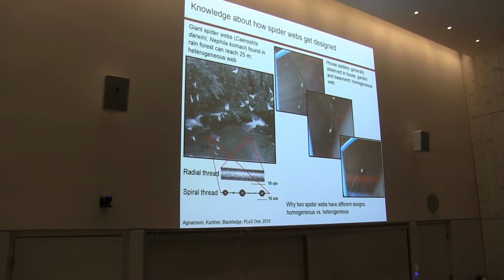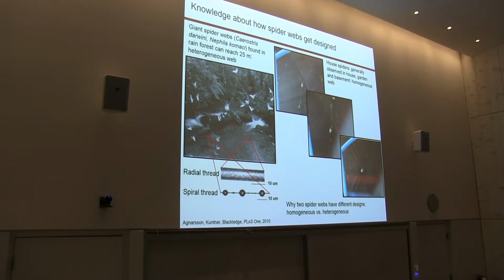Their webs are very different. They have almost identical diameter for the spiral thread and the radial thread. So the question is why those spiders create those different designs, homogeneous design compared with heterogeneous design.